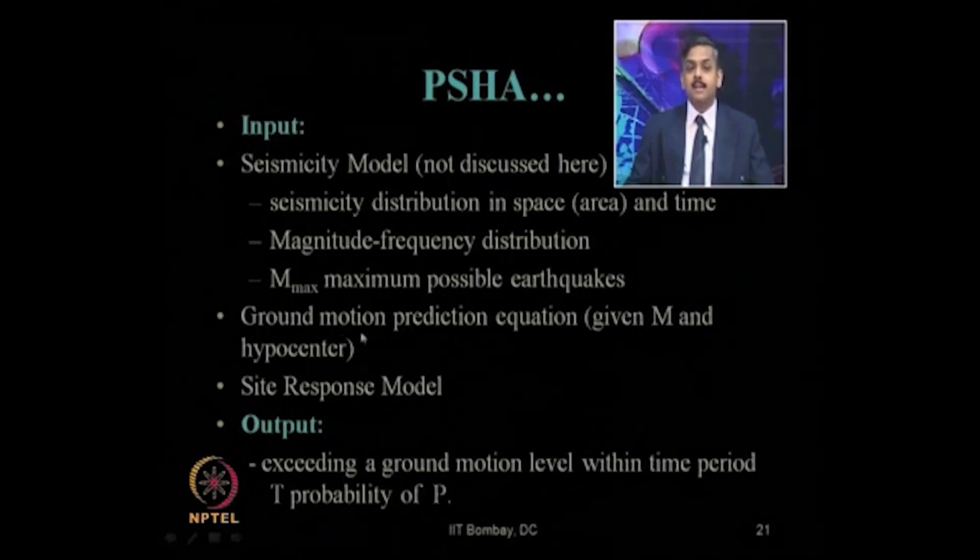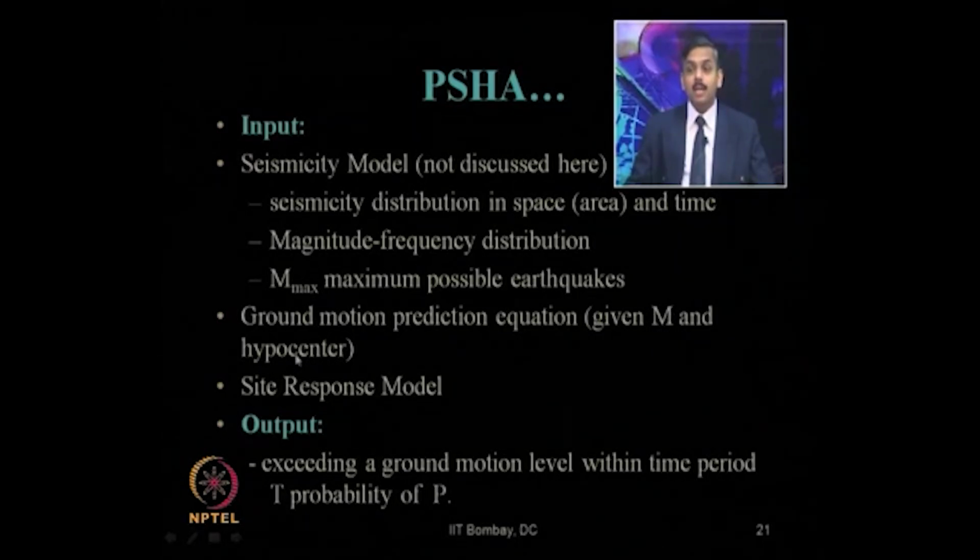Basically, this ground motion prediction equation, in short we call it GMPE, as you can see from the first letters of all these words. So, GMPE is nothing but those attenuation relationships. For a particular site, the relationship has to be with respect to both magnitude and hypocenter.